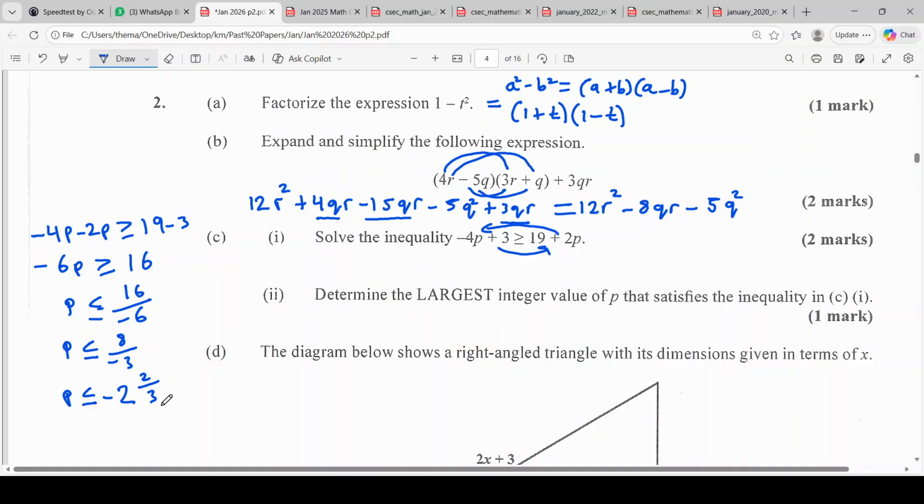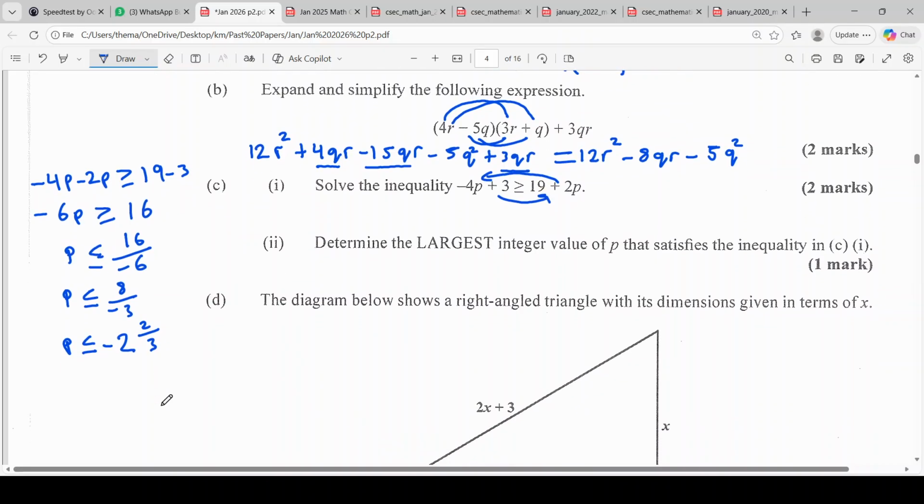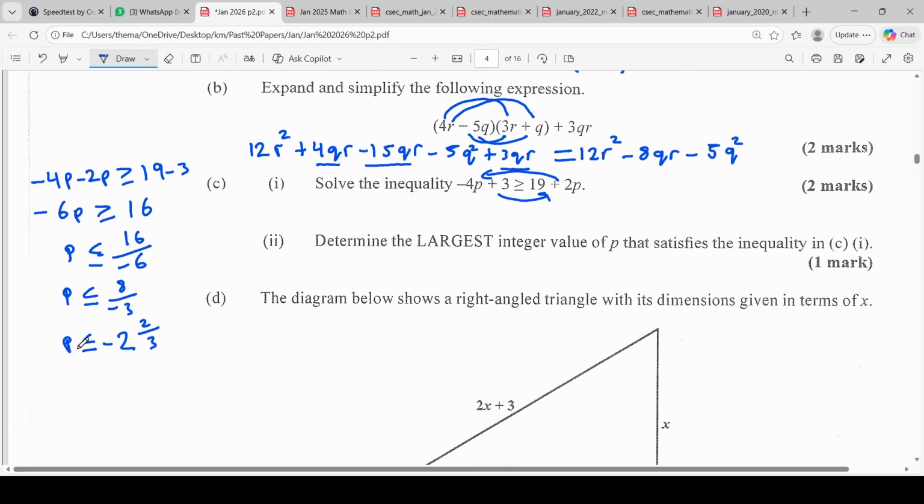Right, part 2, determine the largest integer value of p that satisfies the inequality in C1. So, from our calculation here, we get p is less than or equal to negative 2 and 2/3. What is the largest possible value for p?